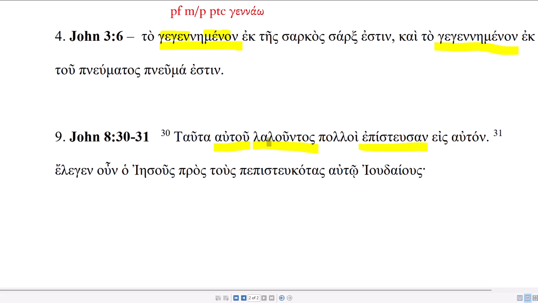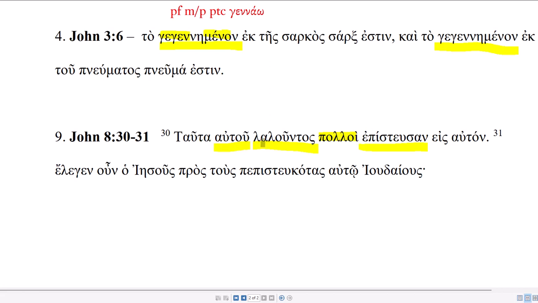So that's definitely different than this singular genitive over here. This is referring to Jesus speaking, and this is referring to the polloi, the many who are believing. So the subject has changed here. The subject in the first part is Jesus speaking. This is the genitive phrase. And then we have our main verb with a different subject, the many who are believing.